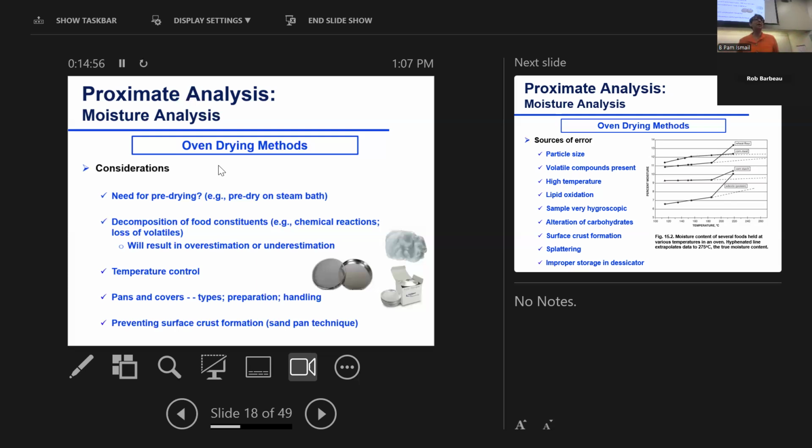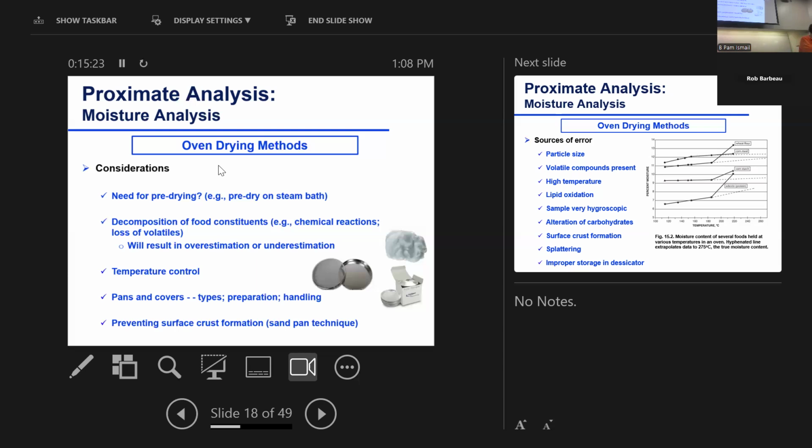If lipid oxidation happens, will I overestimate or underestimate? Underestimate, because during lipid oxidation, oxygen can be picked up and become chemically bound to the oxidation metabolites. The weight will be added, so the weight of the total solids will be more.